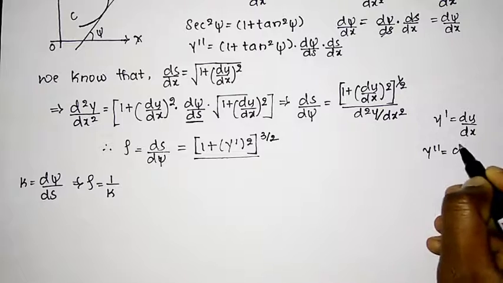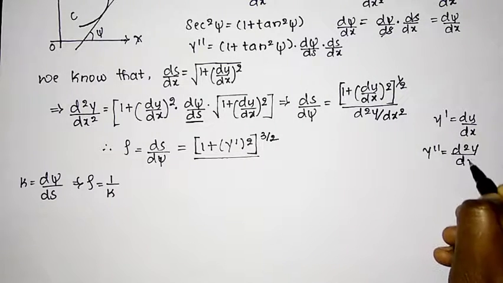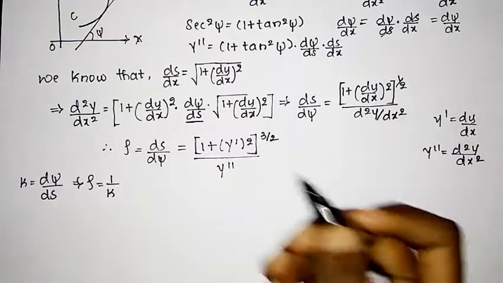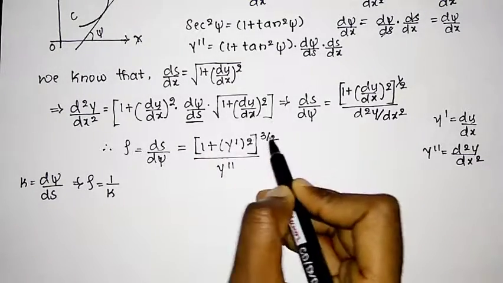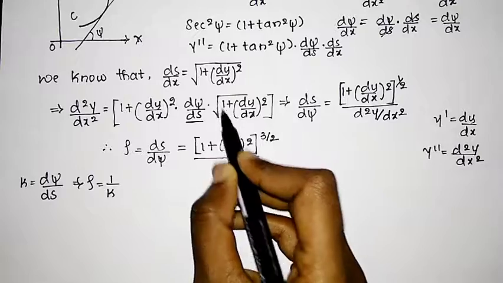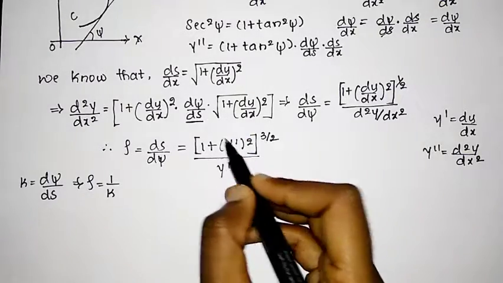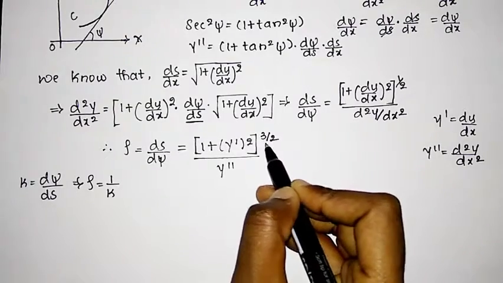Y double dash is nothing but d square y upon dx square, so we replace it with y double dash. Here we have a square and a square root, so one gets cancelled and the remaining is 3 by 2.